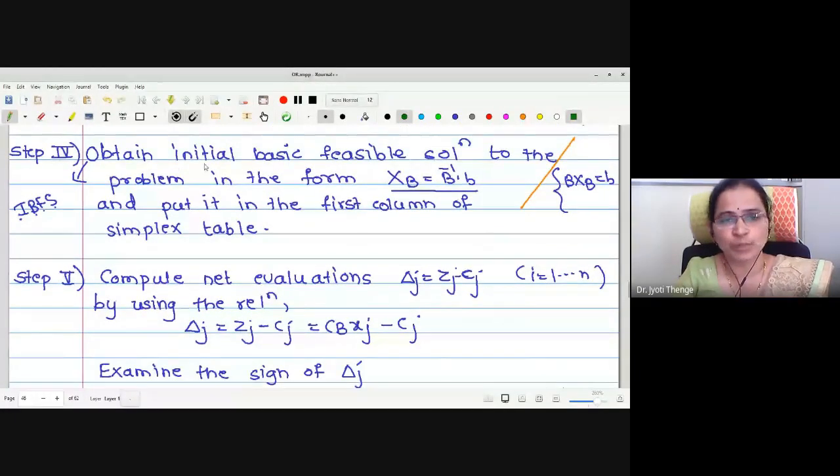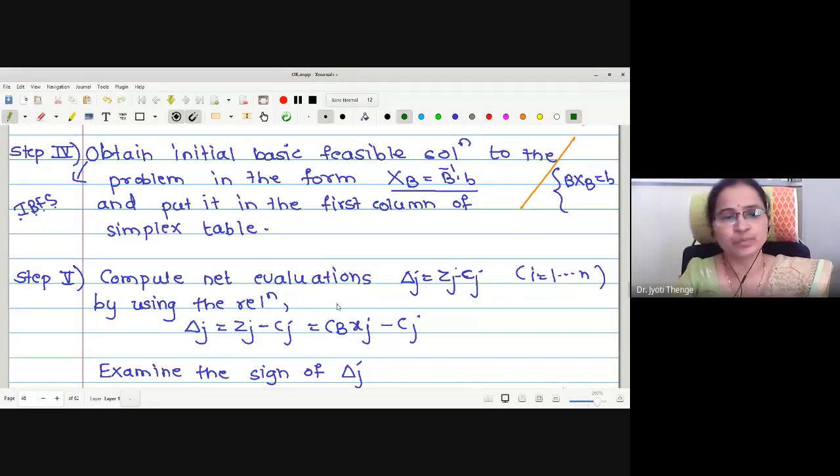The fourth step tells us to obtain the initial basic feasible solution with this relation: Xb is equal to B inverse b. Then what will be the selection of basic and non-basic variables? Generally, we select all the added variables to be the basic variables. All slack variables that we were using are the basic variables, and all the original variables are treated as non-basic initially.